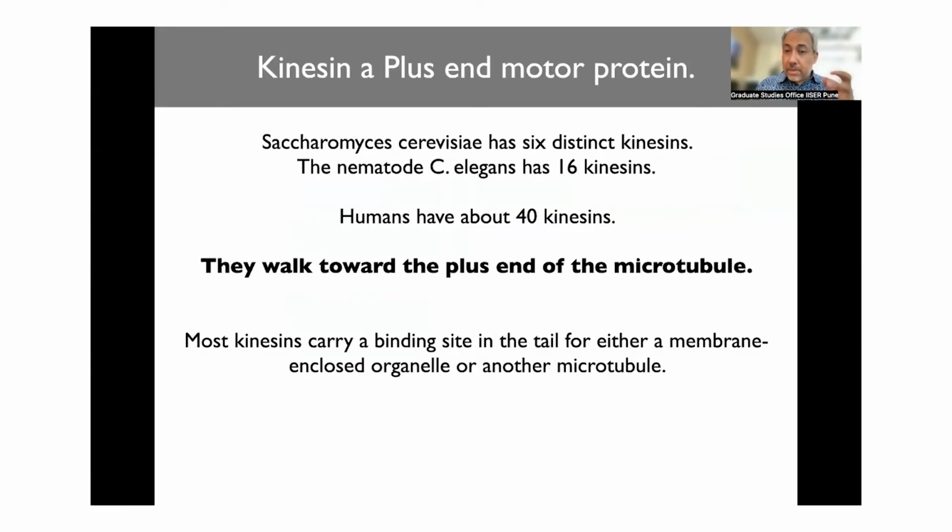In humans, for example, there are 40 different variants of kinesins that can exist. As I said, these could exist in different cells. A cell does not have just one kind of kinesin. It could have a mixture of kinesins, and this mixture could vary depending upon the type of cell you're looking at. So a cell A could have kinesin 1, 10, and 15. I'm just giving random numbers here.